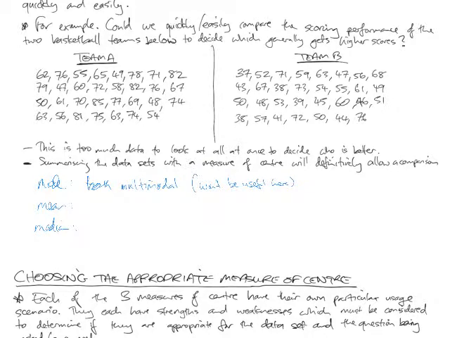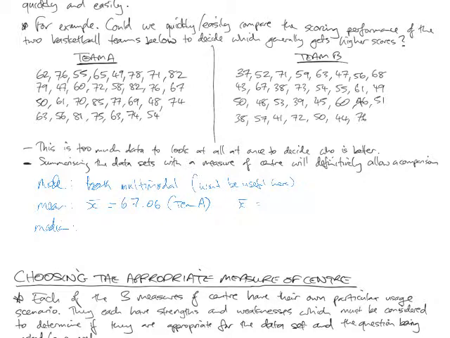So go calc, 1-var stats, list 1, calculate. So x bar, the mean, is 67.06 for Team A. X bar for the second team: select list 2, calculate.